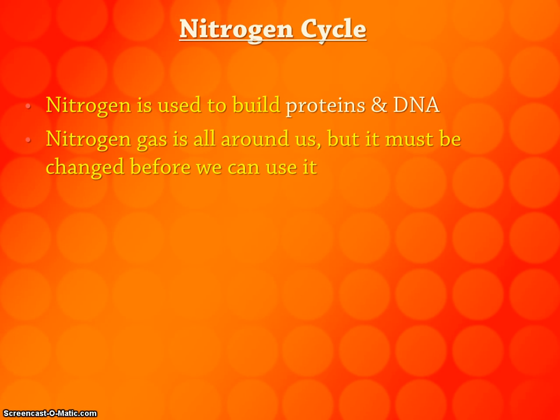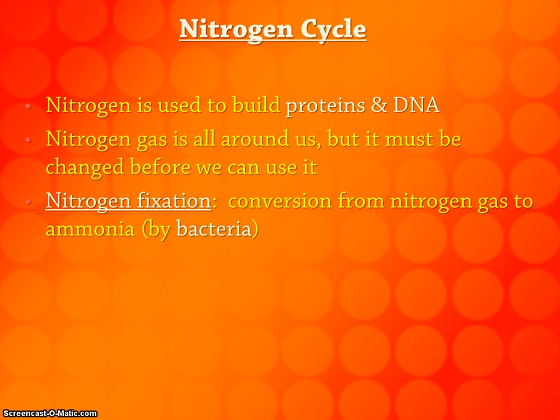Roughly 70% of the atmosphere is made of nitrogen. So there's nitrogen everywhere. It's just not necessarily in a usable form yet. So it has to be changed to a usable form before living organisms like plants and animals can use it. What can happen is bacteria play a big role in making nitrogen usable.